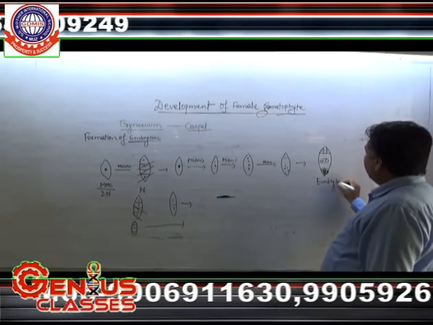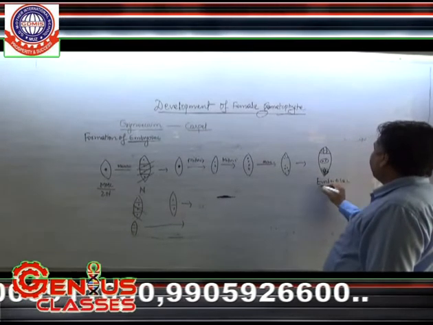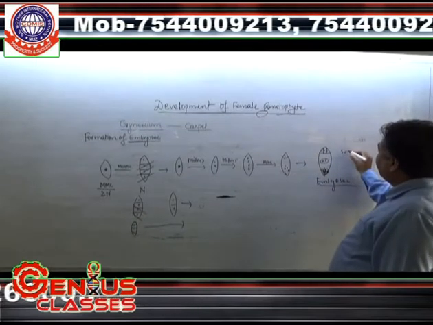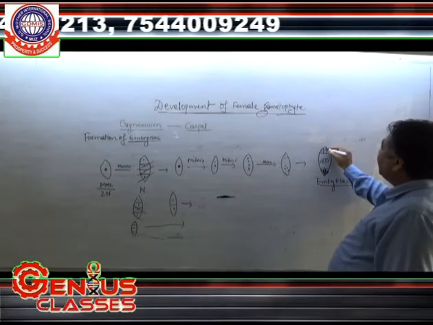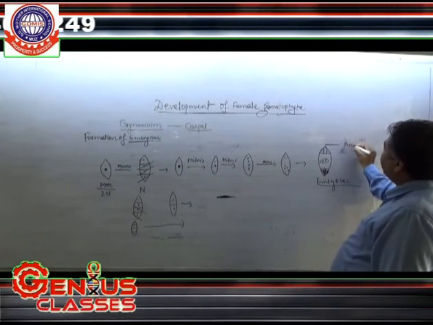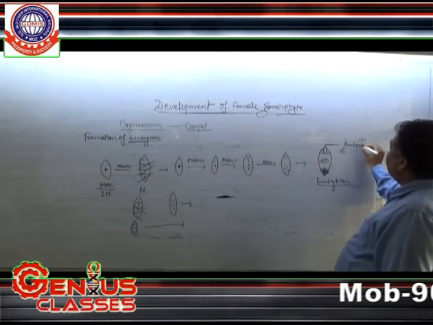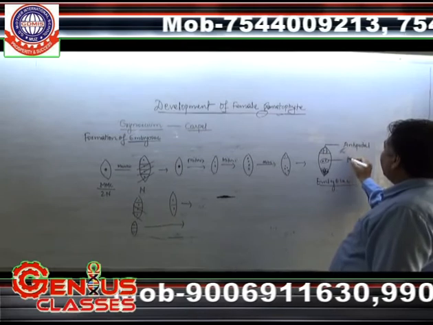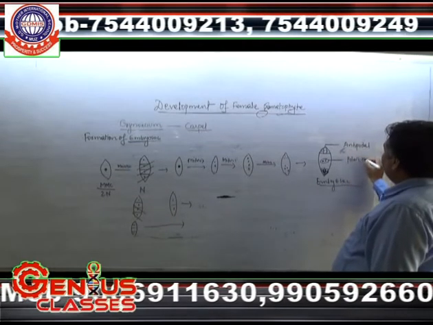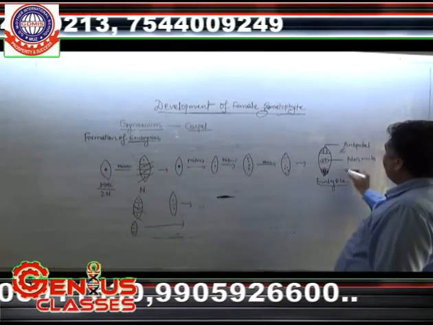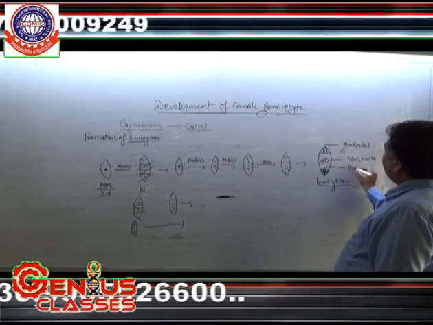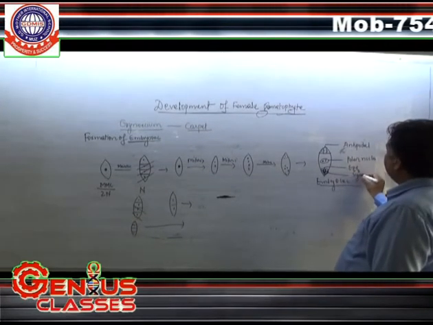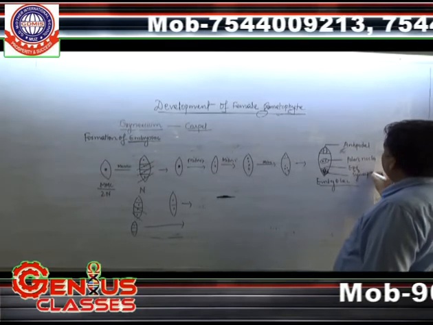A matured embryo sac has 3 antipodal cells, the polar nuclei, and the egg, with 2 synergid cells on both sides of the egg.